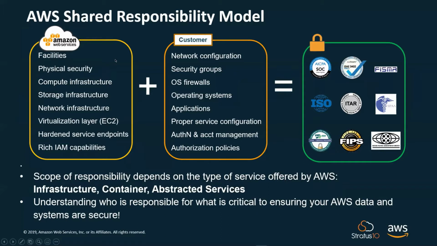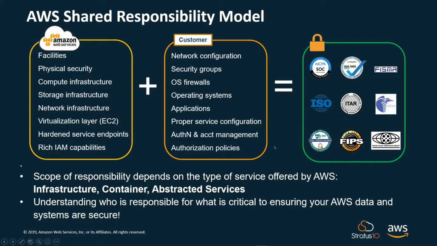AWS is responsible for security around facilities, the physical security of those facilities, the infrastructure security, security on those storage devices, the network devices, the virtualization layer, and we'll dig a little deeper into some of these concepts in a minute. And AWS is responsible for providing you some identity and access management capabilities that are secure in themselves.